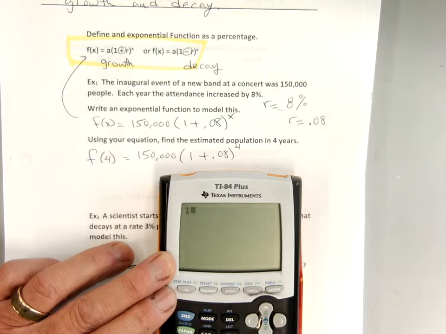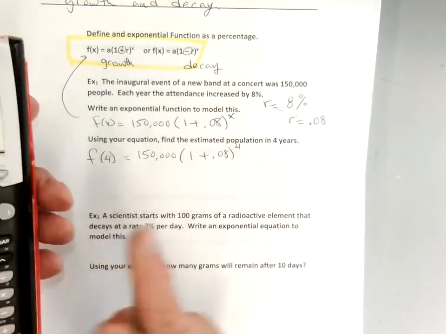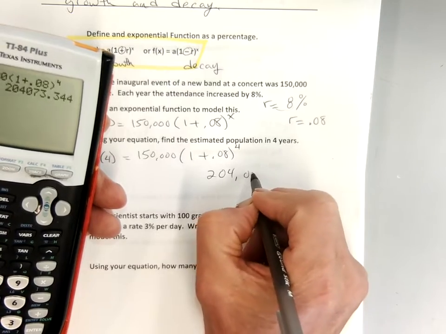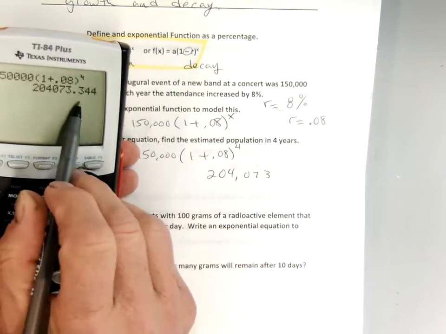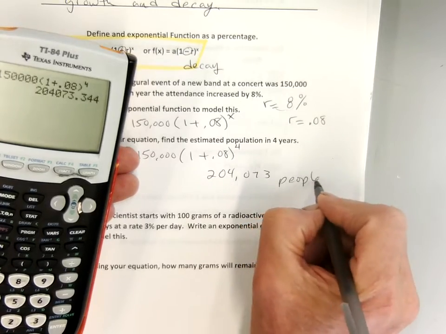I'm going to go 150,000, parentheses, type it in just like it is, 1 plus 0.08 to the 4th power. And I get an answer of 204,073 people. I'm not going to put 0.3 because that's silly, right? People that are going to attend my concert. Okay, that's growth.